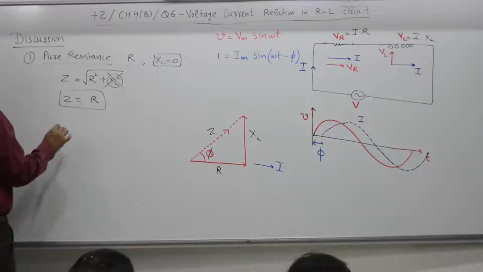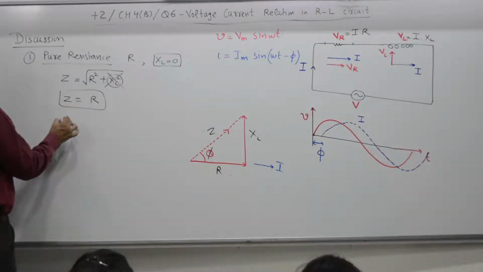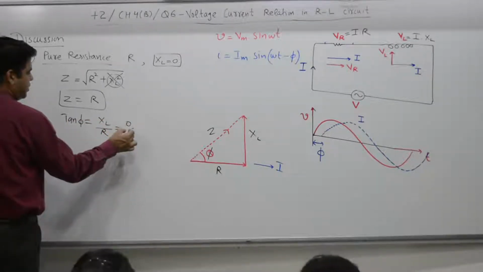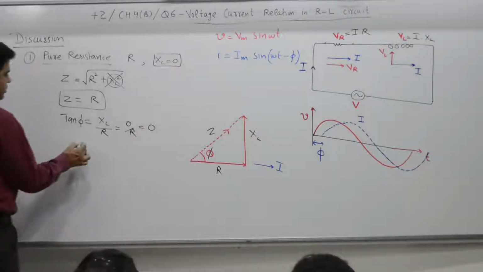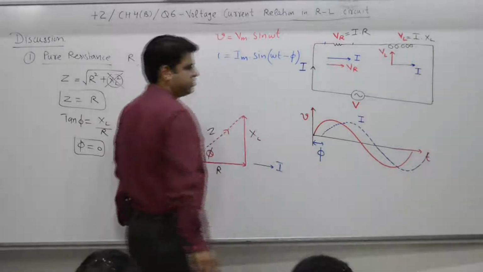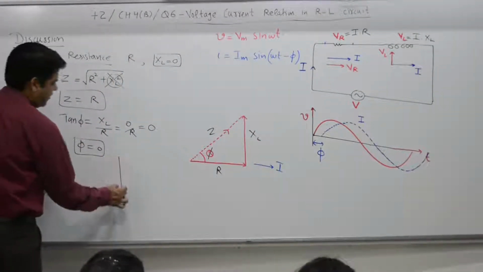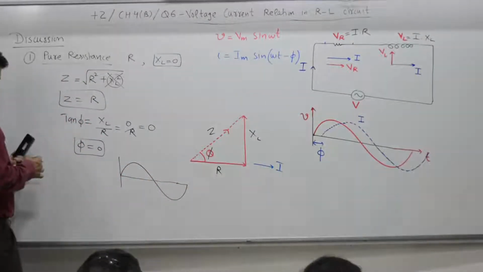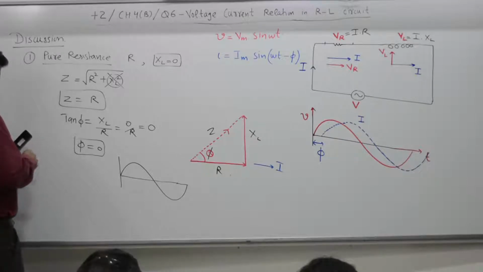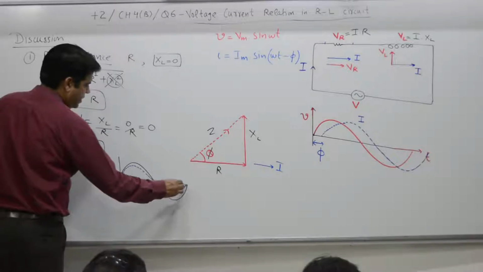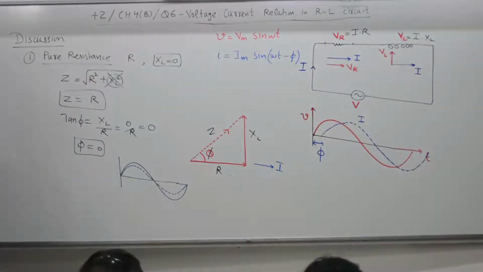If Z is equal to this R, then tangent phi is equal to XL by R, which is 0 by R, equal to 0. Phi is 0. What does it mean? Here in the diagram, if phi is 0, it means if this is the voltage waveform, then the current waveform is in phase. V and I are in phase.